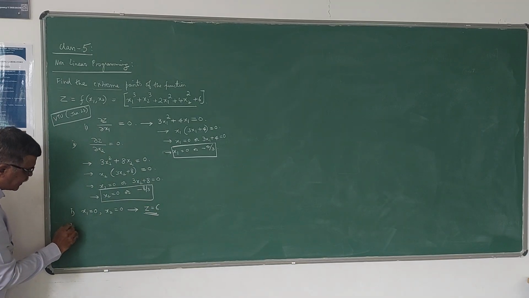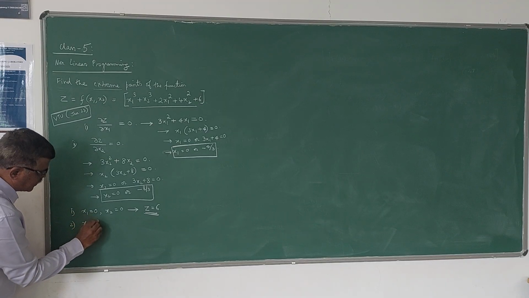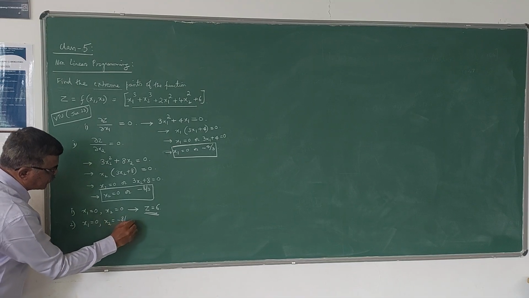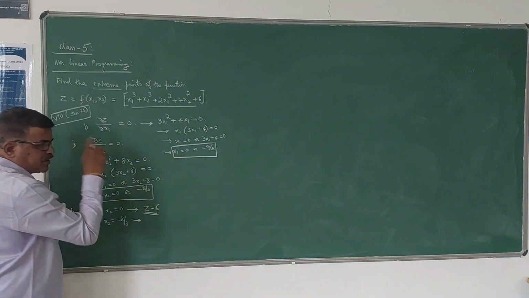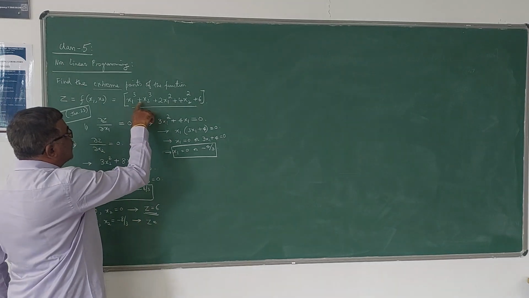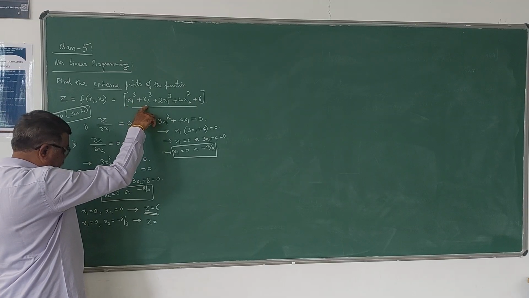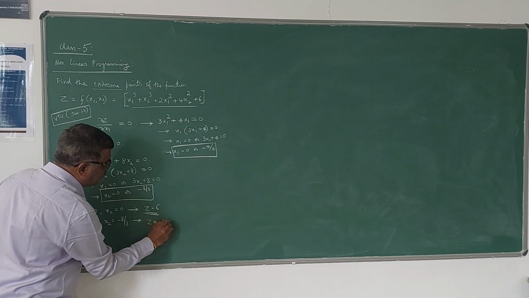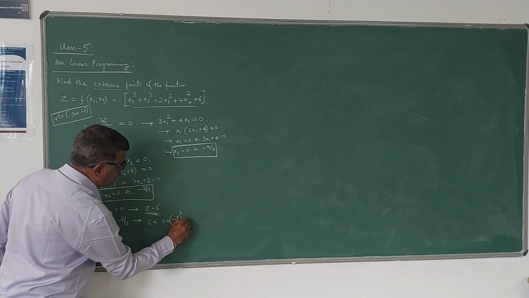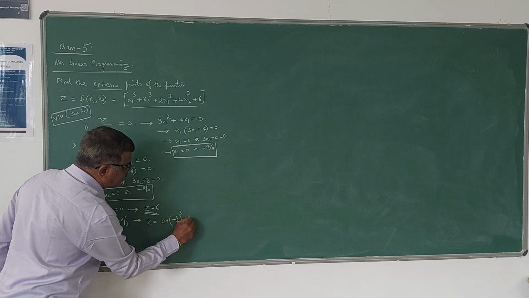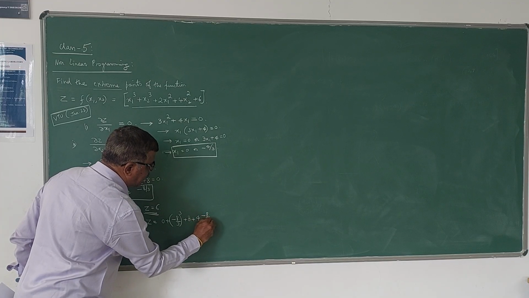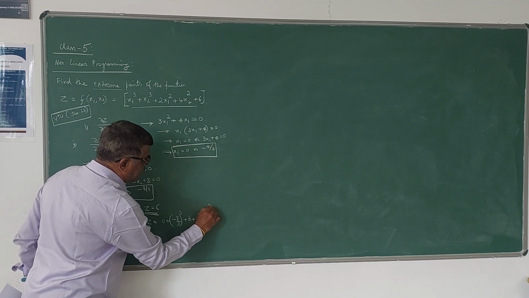For the second set, I will take x1 is equal to 0, but x2 I am going to take minus 8 by 3. In that case, the value of z will be, substituting x1 as 0 and x2 as minus 8 by 3, 0 plus minus 8 by 3 whole cube plus 2 times 0 because x1 is 0, plus 4 times minus 8 by 3 square, plus 6.